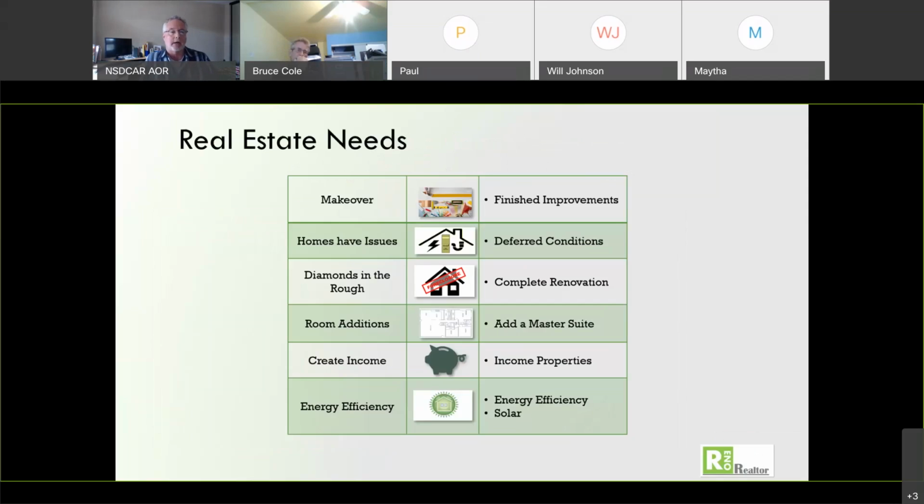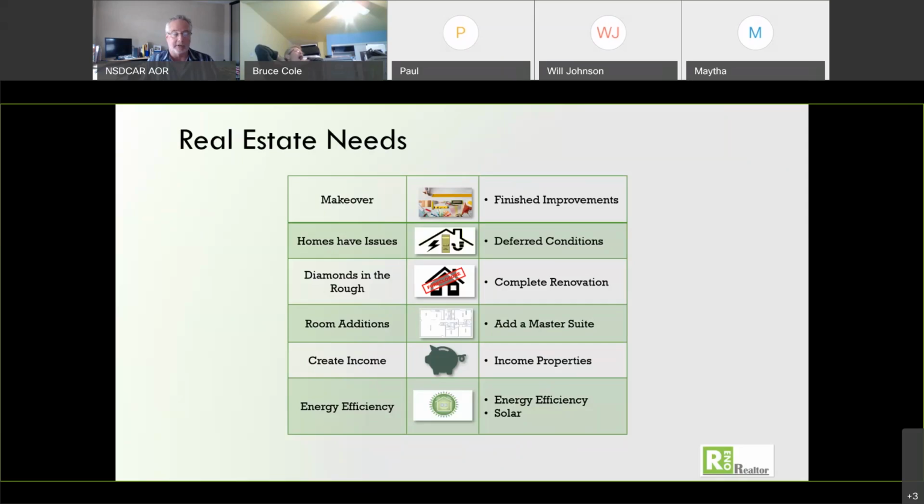So I talked about how these renovation loans really fulfill a multitude of real estate needs. I talked about the makeover that offered the finished improvements, homes that have issues with deferred conditions. We can find a property that literally is just not even habitable. We can do a complete renovation. We can take a house literally down to its foundation and rebuild it.